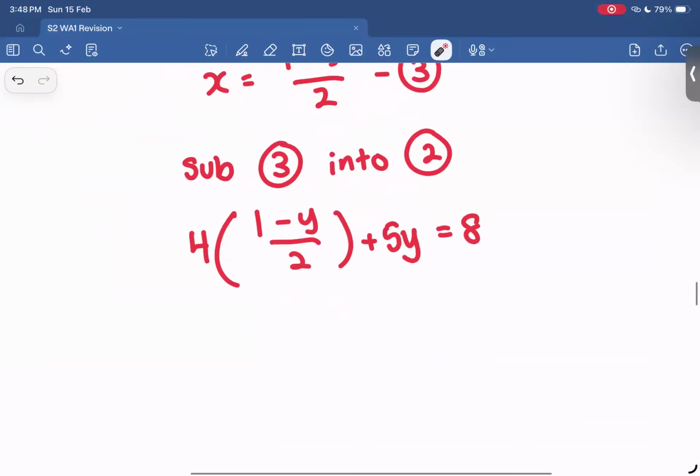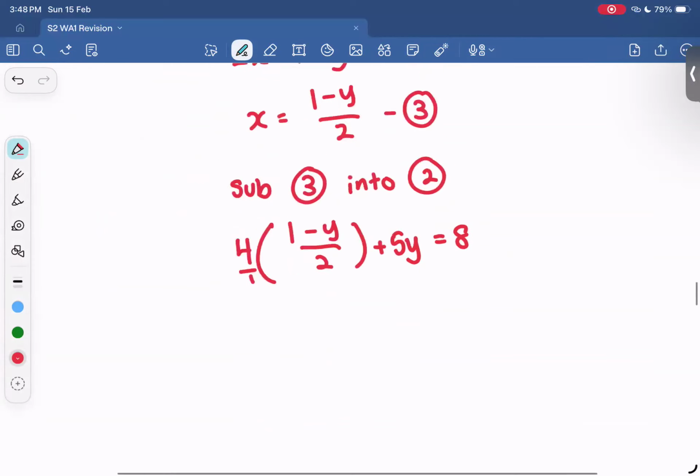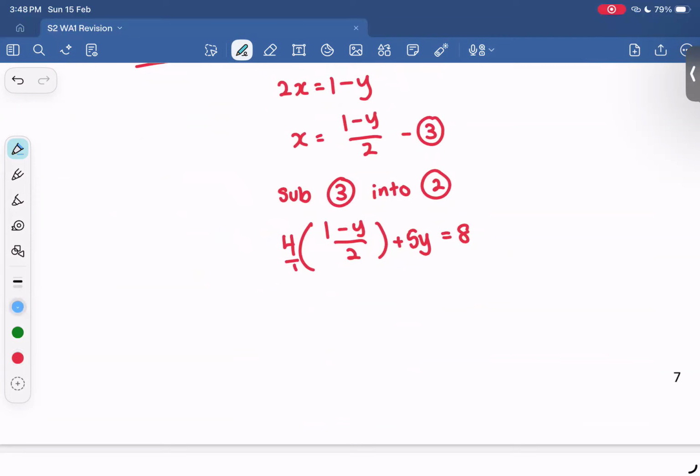Over here, I've got 4 times (1 minus y) over 2 plus 5y equals to 8. Don't forget, when I am multiplying a fraction, I must always put it over 1. And please remember, when I have two fractions, let's say 3 over 5 times 4 over, let's say, 7, how do I simplify this?